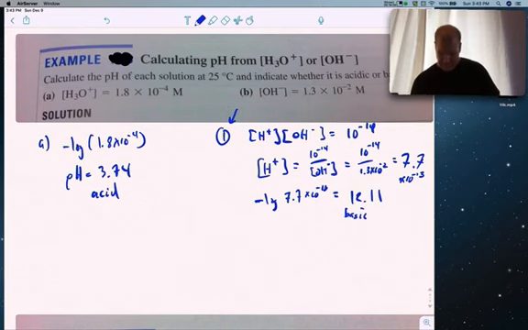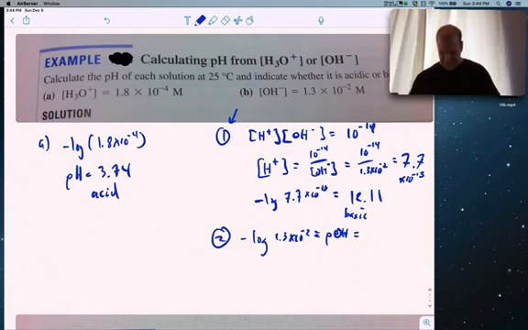The second way to do this is to take the pOH. So minus log of 1.3 times 10 to the minus 2 is equal to the pOH. Minus log, I put natural log, 1.3 times 10 to the minus 2.